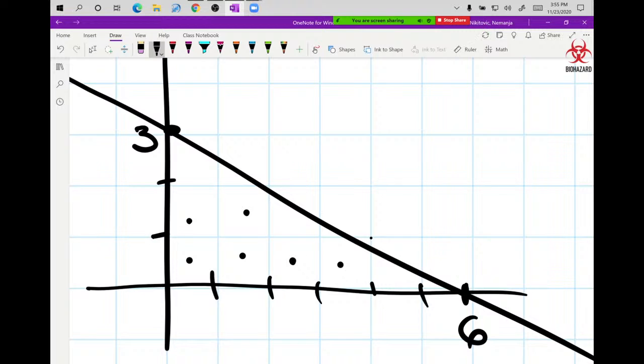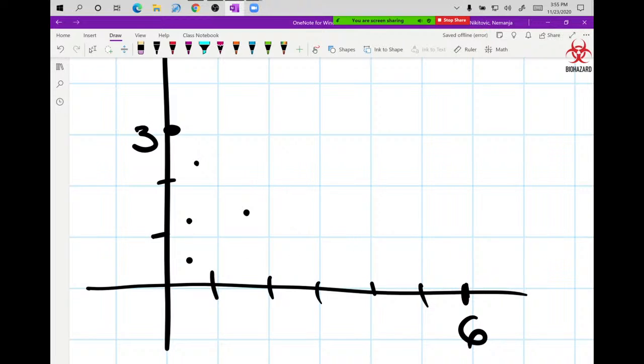And then the rest over here, this piece would jump over there, create 1. This piece would jump over here, would create 1. And this piece would jump over here, and there is your other 3. So you are creating 9 of these squares, and this is 9 units squared.